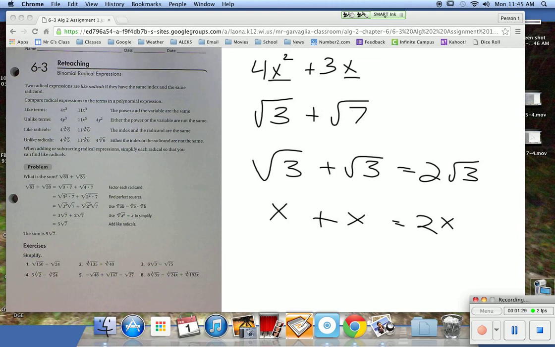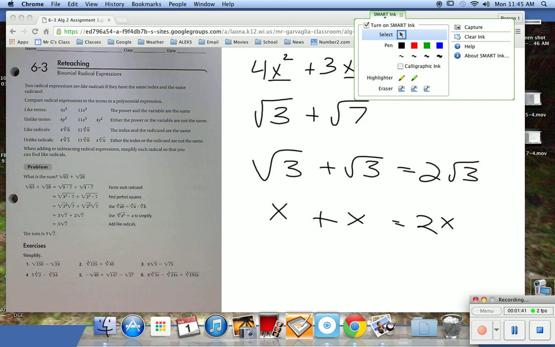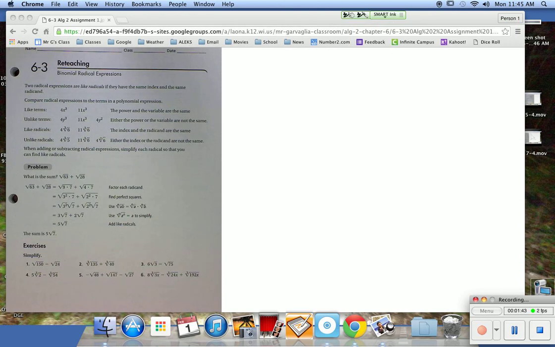Now, what happens when we run into something where the radicals are really large and we can reduce them? Well, let's take a look here, and I'm going to use the example they have here: the square root of 63 plus the square root of 28.